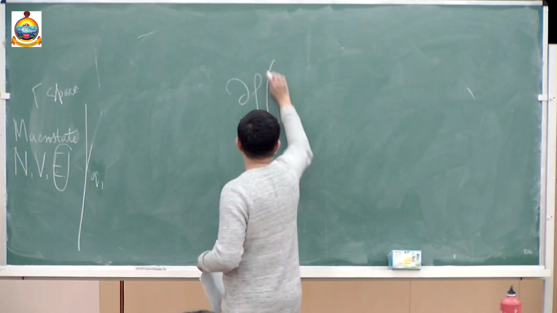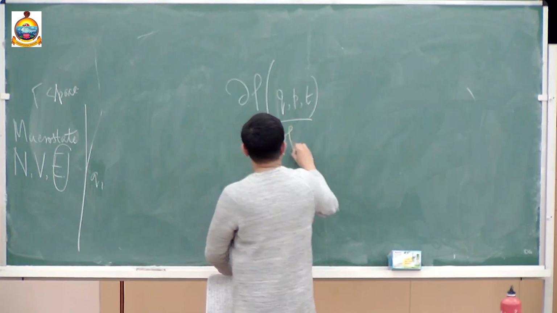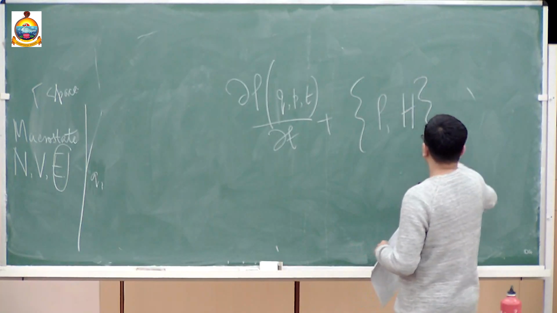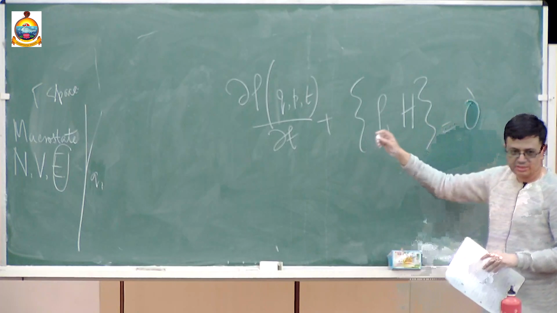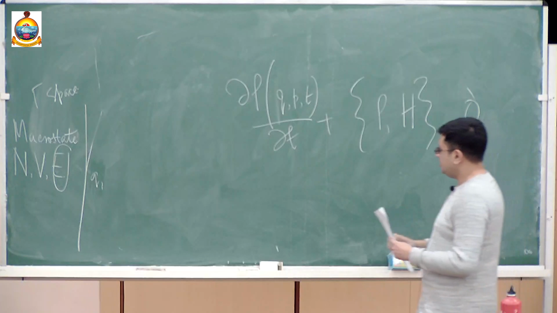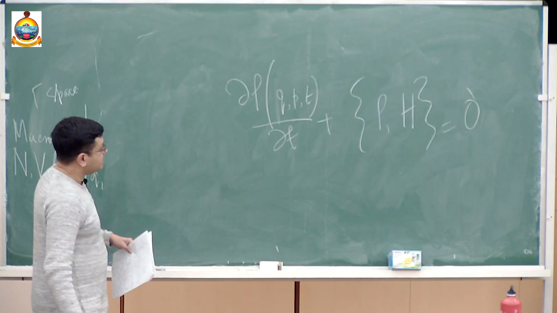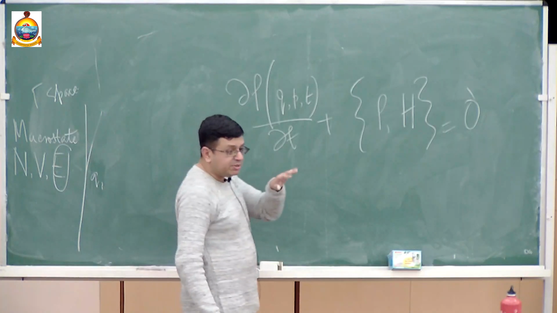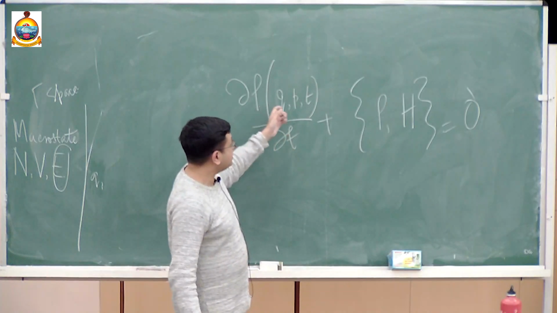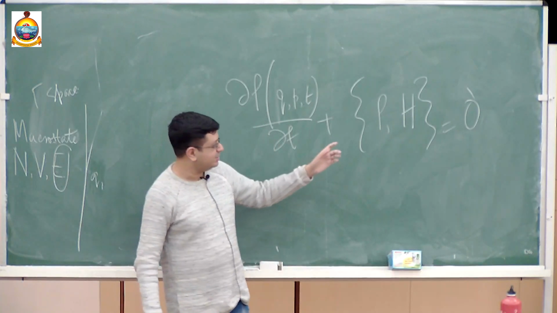So rho is a function of q, p, t, and this equation in principle tells me how rho is changing as a function of time. Now it may so happen that the system happens to reach a state in which rho doesn't have any explicit time dependence. Rho has only implicit time dependence.